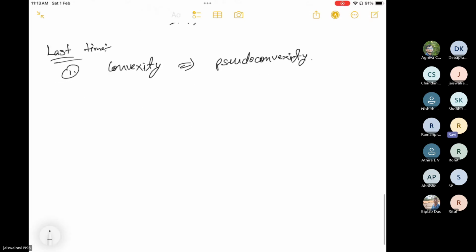And the second one, we proved that pseudoconvexity is invariant under biholomorphism.